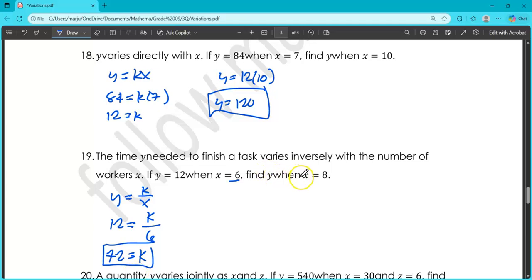So find y when x is actually 8. I know that k is 72, then x is 8, so y equals 9. So the time needed to finish the task is actually 9 hours.